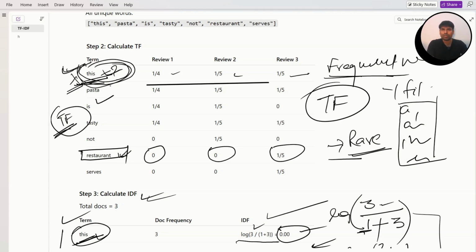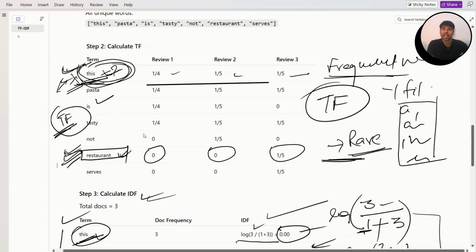That is why I don't want to give more importance to filler words or stop words. I want to reduce their weightage, and for those words which are very rare, I want to give more weightage. So somehow I want to penalize this kind of stop word, filler word from my given text, and I want to avoid losing rare words. That is why we use IDF.